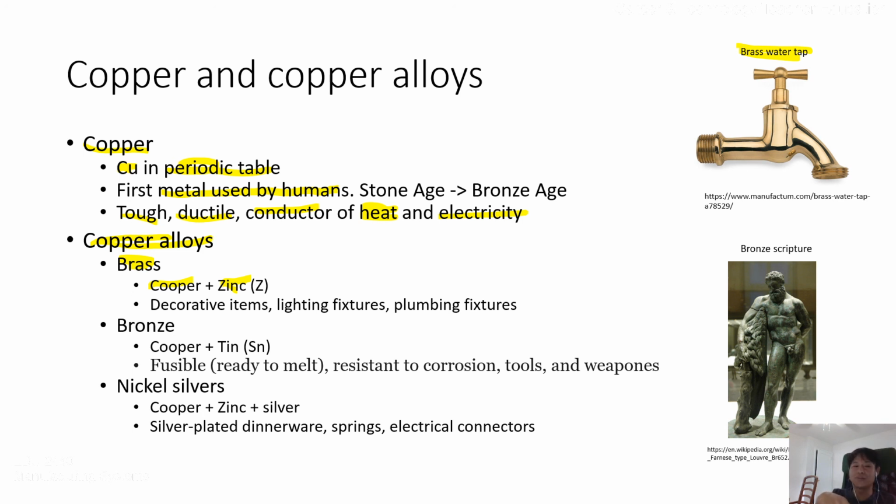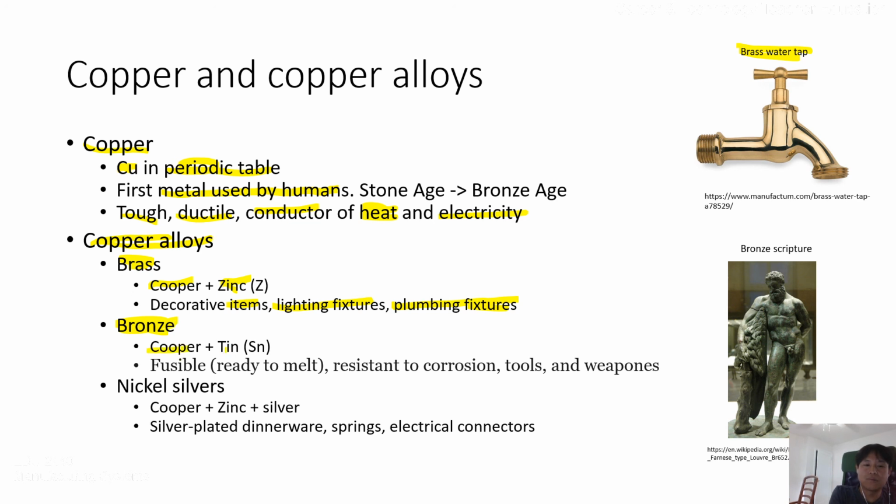They were really disappointed. Anyway, brass is used for decorative items, lighting fixtures, and plumbing fixtures. The difference between brass and gold is that brass is less tough and more ductile.